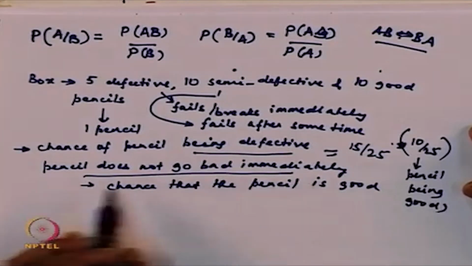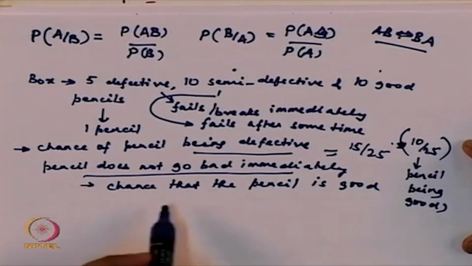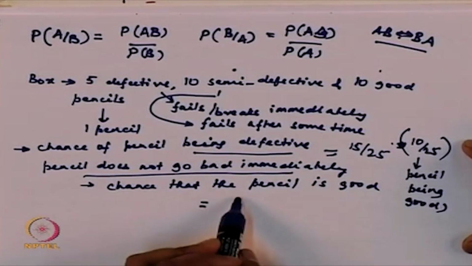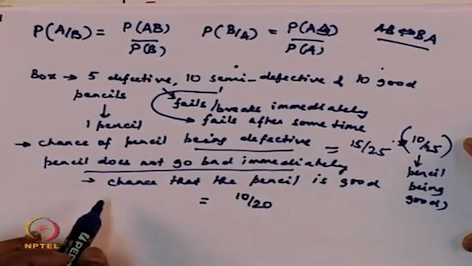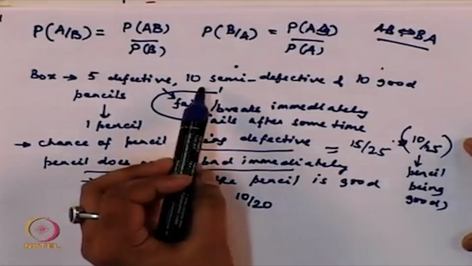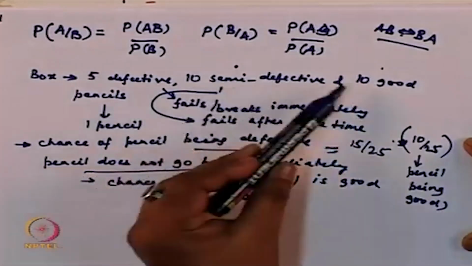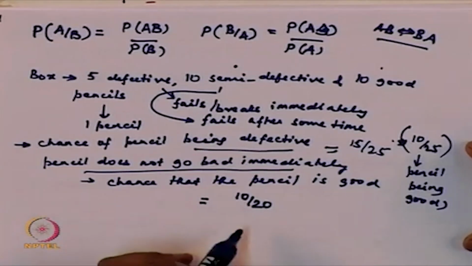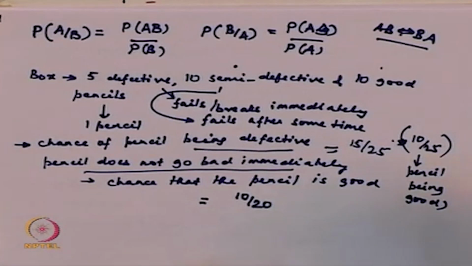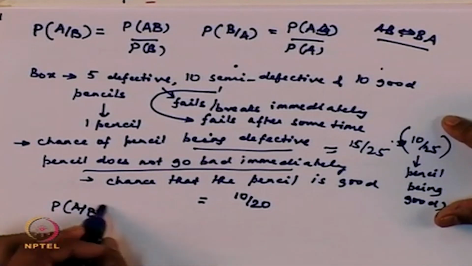But if I know that the pencil is not going bad immediately, the chance that the pencil is good is nothing but 10 by 20. Why? Because if it is not immediately going bad, I know that I might have chosen one of these or one of these pieces, and I have a total of 20 pieces. So, this is an example of conditional probability.